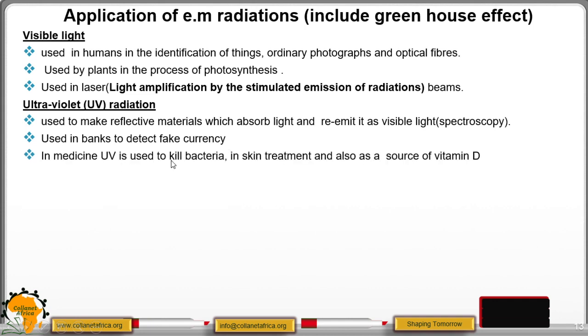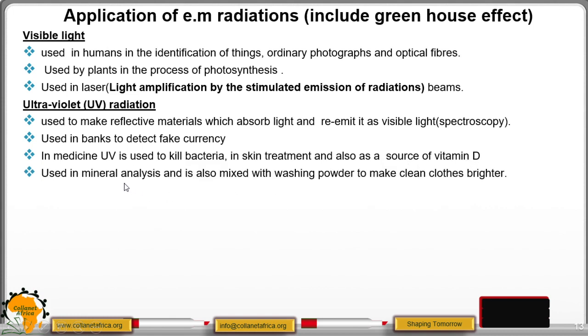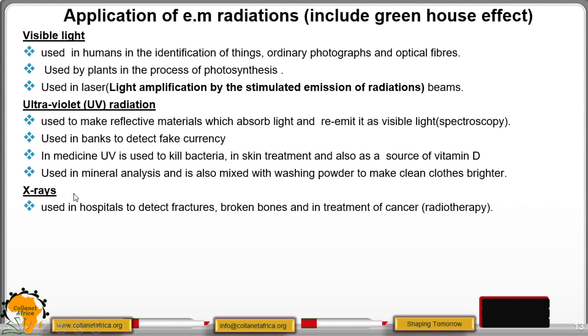In medicine, it is used to kill bacteria, or in skin treatment, and also it is a source of vitamin D. That is why it is very important for you to bask in the sun, to get this vitamin D to boost your immunity. In mineral analysis, and also in washing powder, they are mixed with washing powder to make clean clothes look brighter.